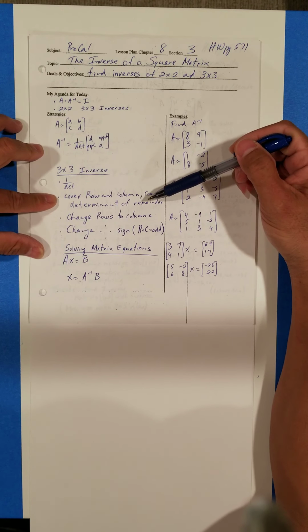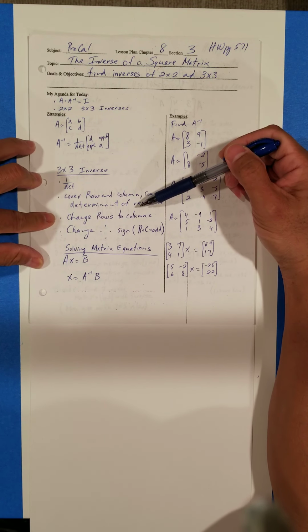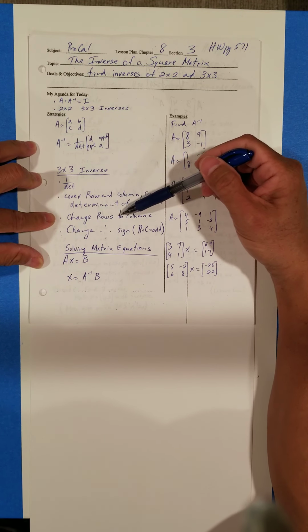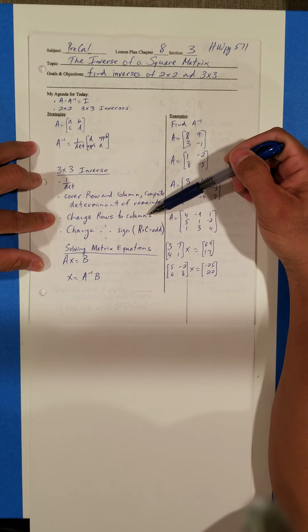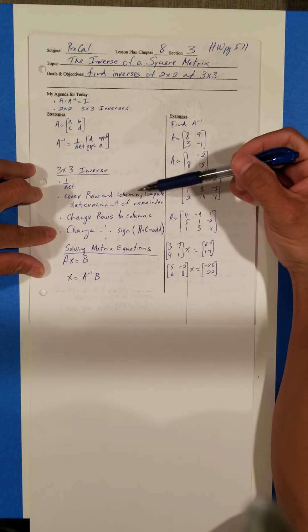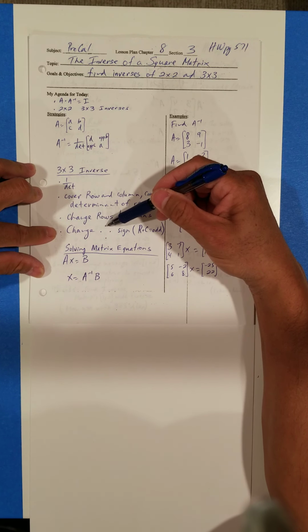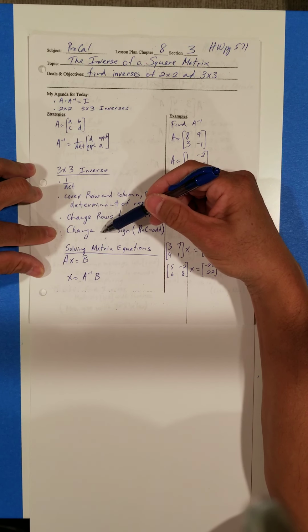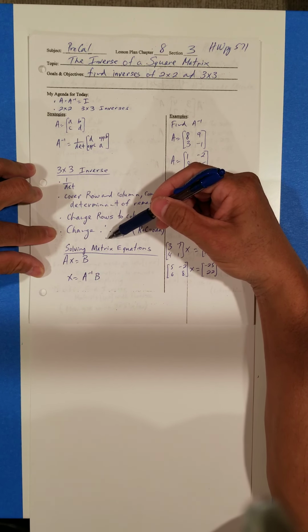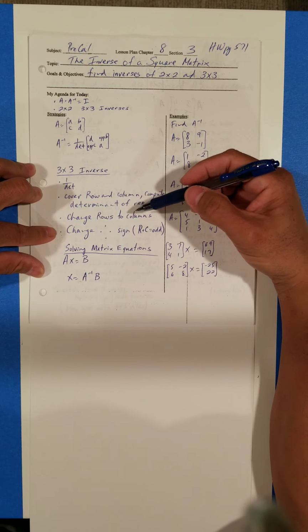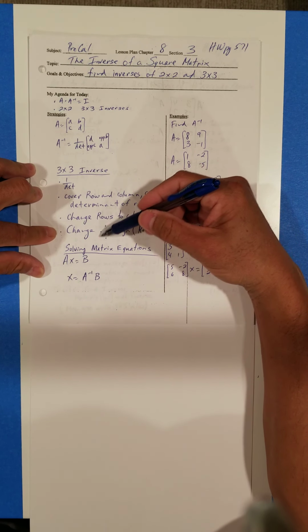Then in step 3, you're going to change the rows to columns of the answer that you got. And then the last step is you're going to change the sign of the diamond shape. In other words, element number 2, element number 4, 6, and 8. Okay? So we'll do that for you.